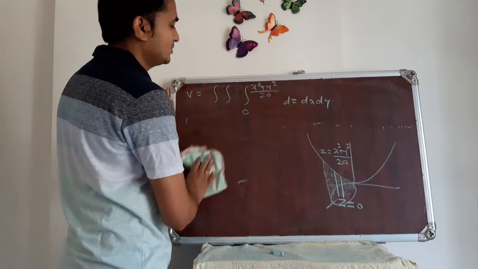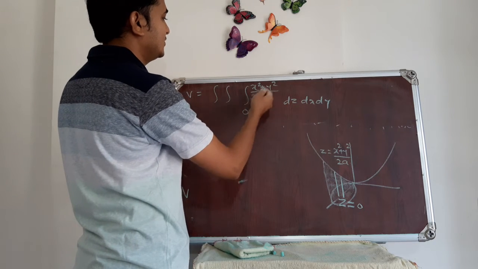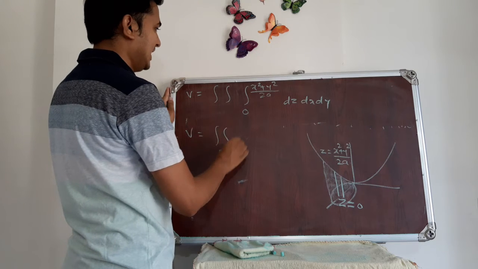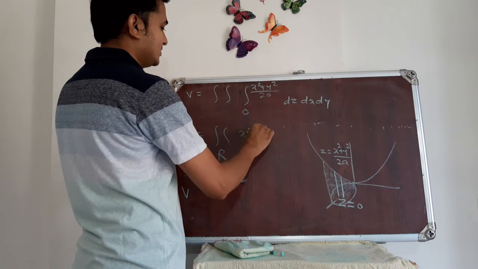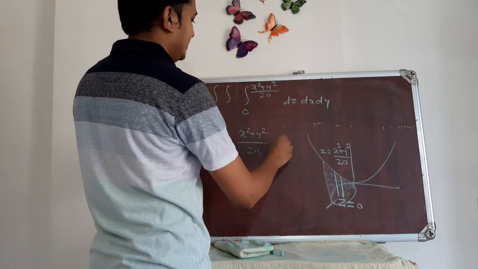Integration with respect to z, dz is z, so you will have the upper limit, (x² + y²)/2a, dx dy.